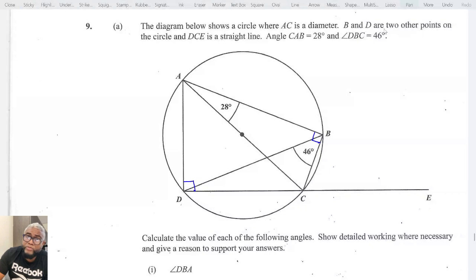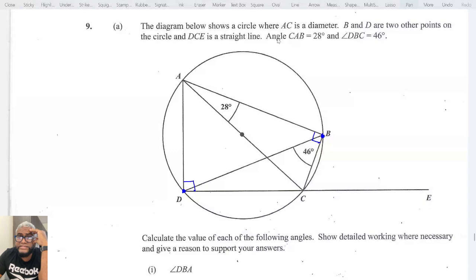B and D are two other points on the circle. And D to C to E is a straight line, right?